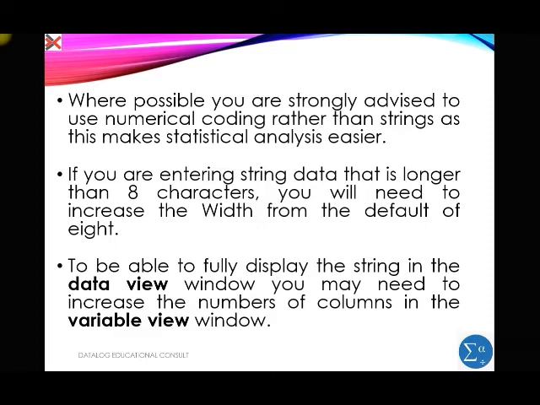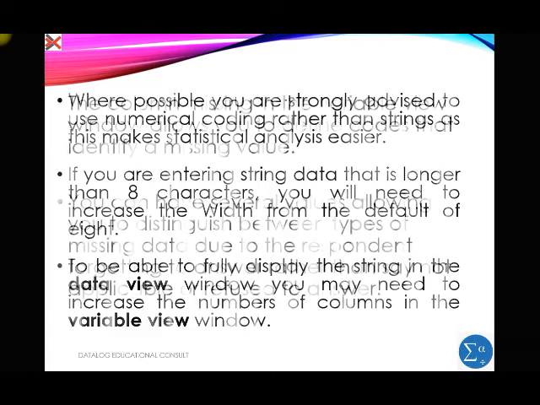If you are entering string data that is longer than 8 characters, you will need to increase the width from the default of 8. To be able to fully display the string in the data view window, you may need to increase the number of columns in the variable view window.